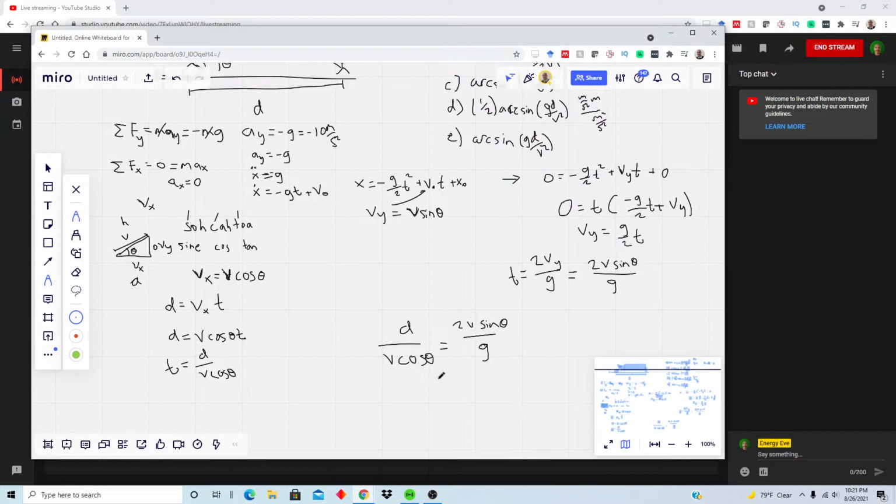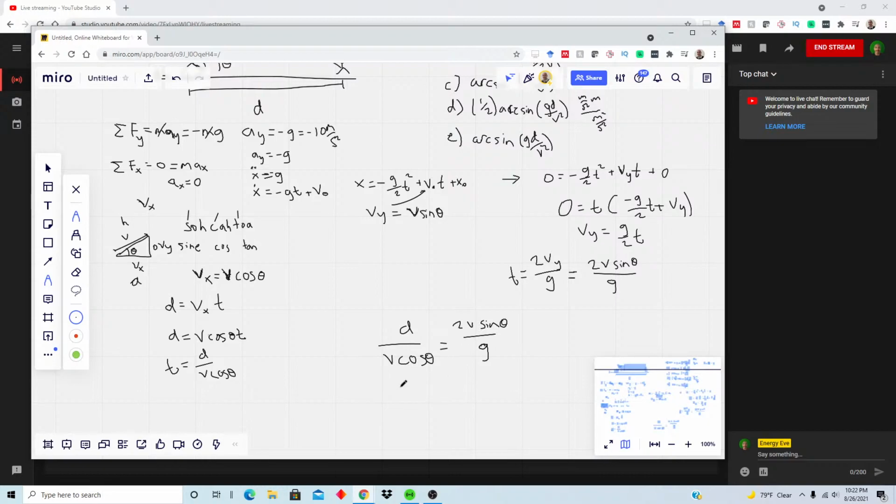It's going to require a trigonometric kind of calculation. So what we want to do is move the things with the theta to one side and everything else to the other side. So we'll multiply both sides by g divided by 2V.